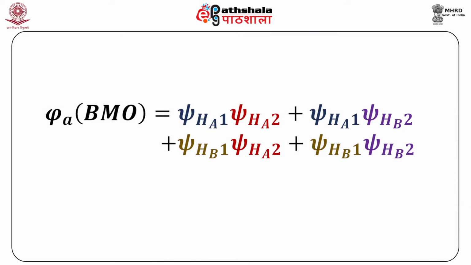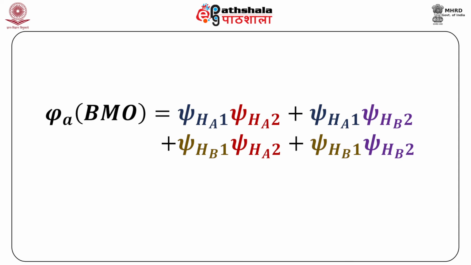And once we have got this, if we expand this expression, you can see we get phi A, which comes from the bonding molecular orbital, is equal to psi Ha1 psi Ha2 plus psi Ha1 psi Hb2 plus psi Hb1 psi Ha2 plus psi Hb1 psi Hb2.